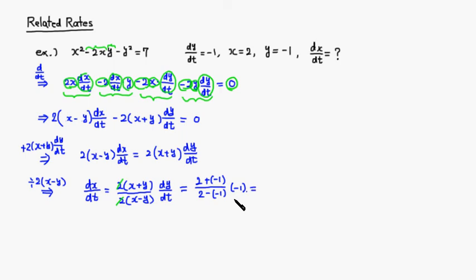So this is going to give you 2 minus 1, so it's 1, and times negative 1 is negative 1 over 3, so it's going to be negative 1 over 3. So that's the value of dx over dt.